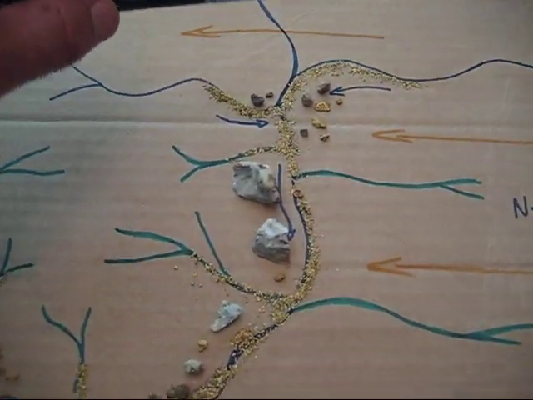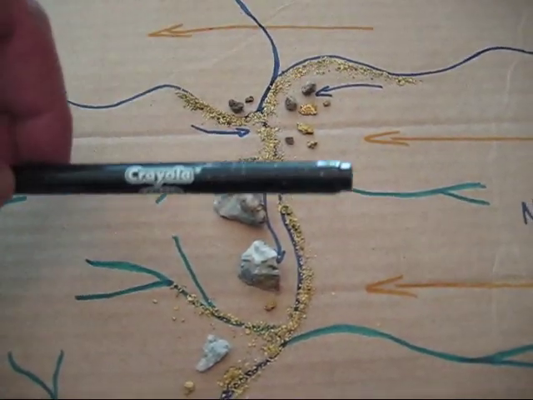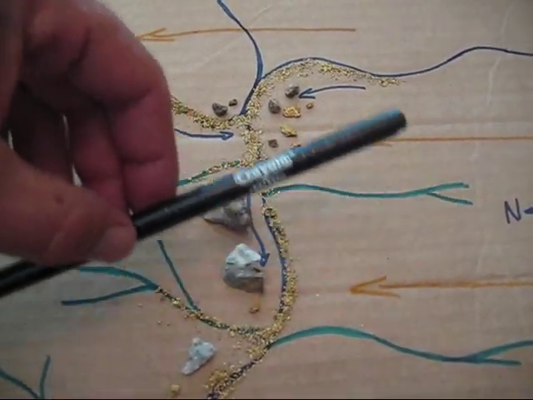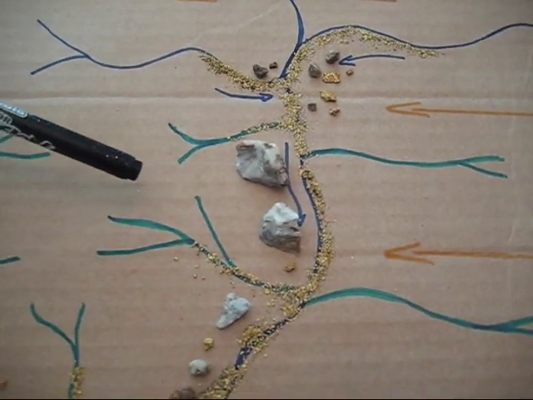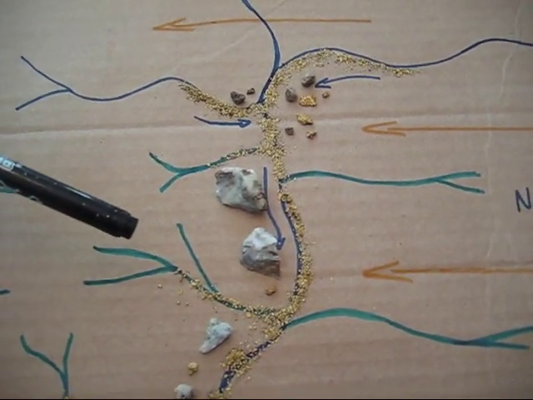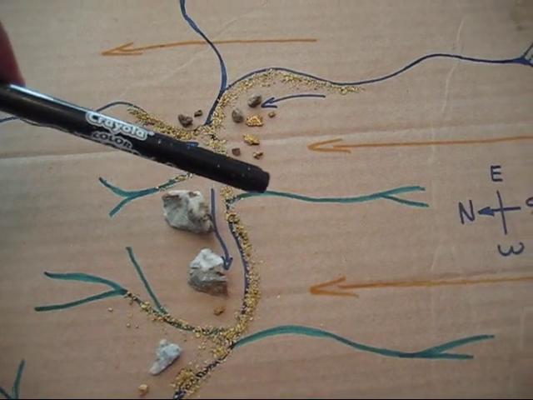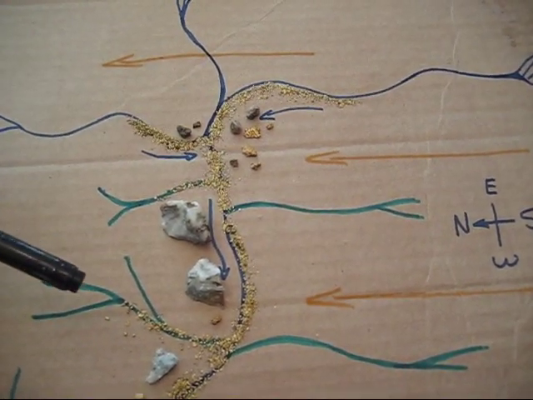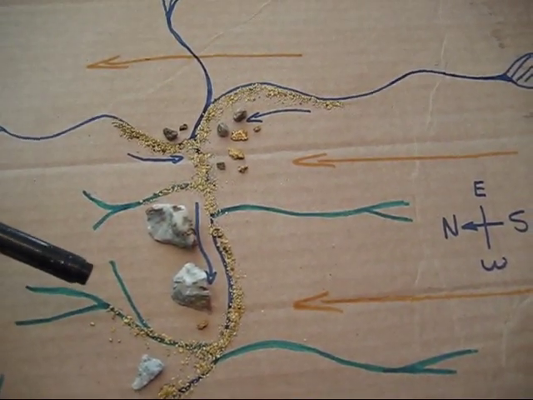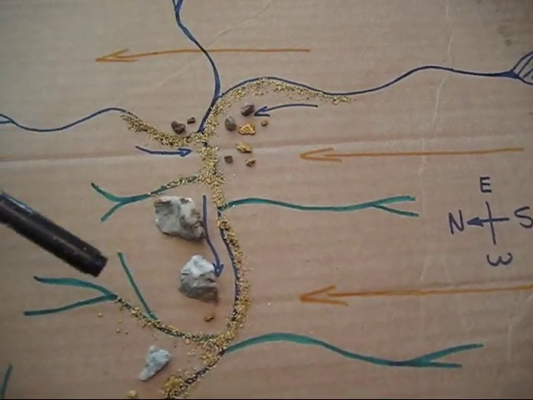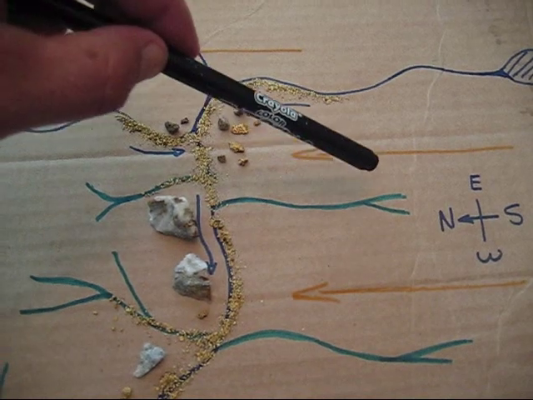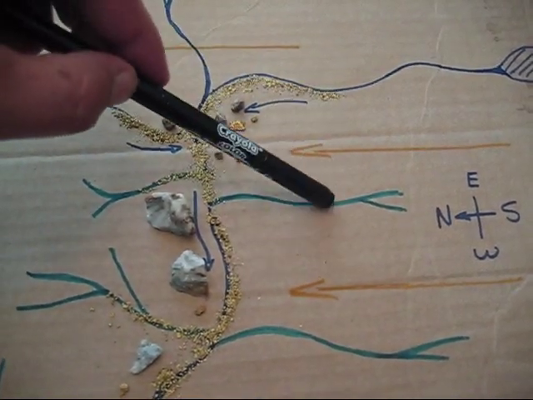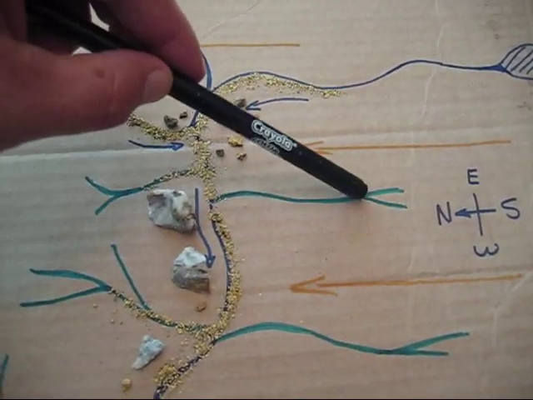But in this map scenario here, it basically leads you to believe that this ore body continues across the river in a northeasterly direction, not north to south, but more north to east, because like I say, these tributaries would be barren.